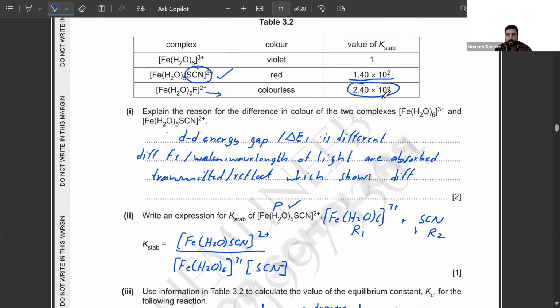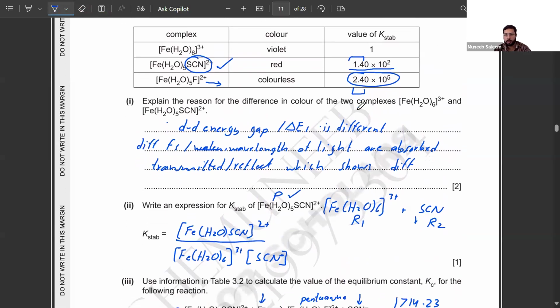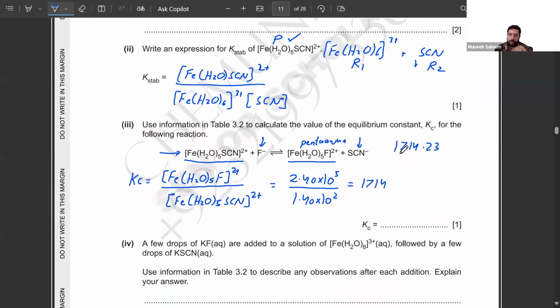The reason is that the values provided in the table include 2 significant figures here and 2 significant figures here. So that's why we have to take only the digits other than the decimal point. So we have only 1714.